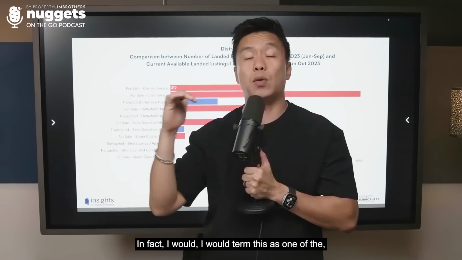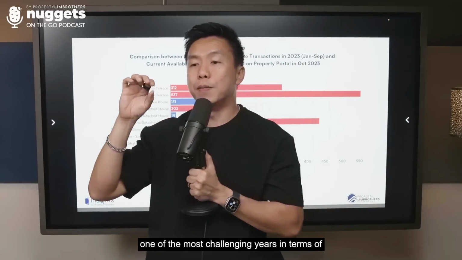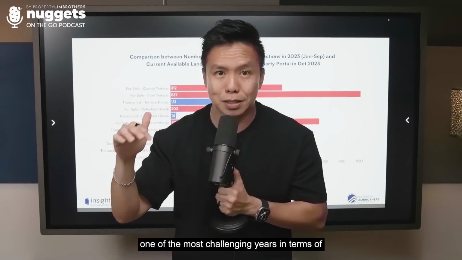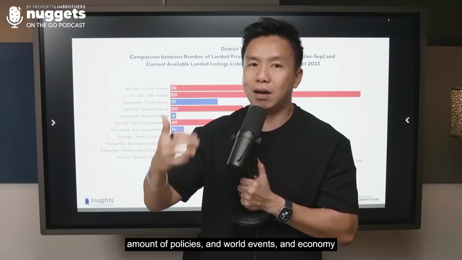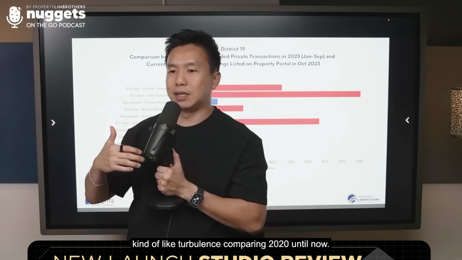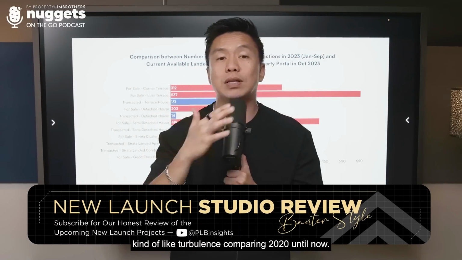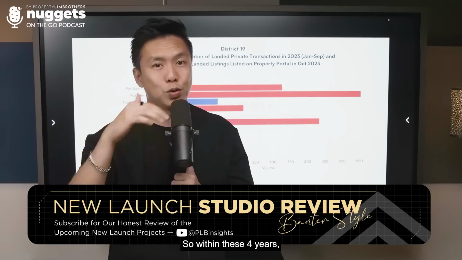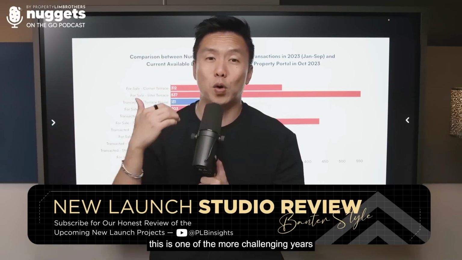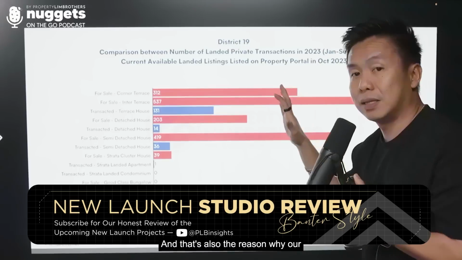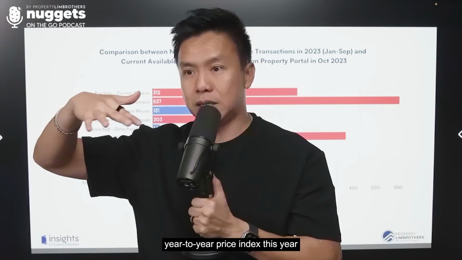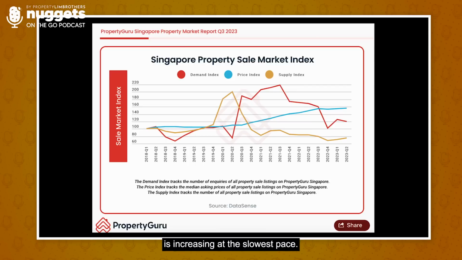In fact, I would term this as one of the most challenging years in terms of the amount of policies, world events and economic turbulence comparing 2020 until now. Within these 4 years, this is one of the most challenging years with so many things happening at the same time. That's also the reason why our year-to-year price index this year is increasing at the slowest pace.